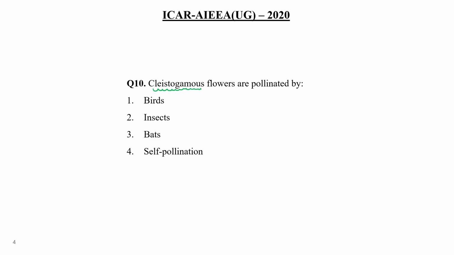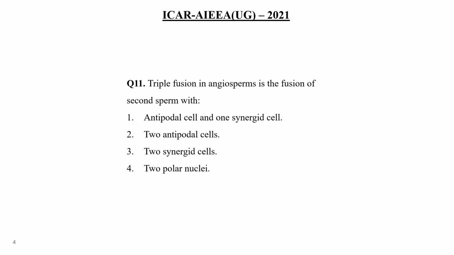They have not exposed their anther to the air, so they don't need any biological agent. They prefer self pollination because there is no possibility for cross pollination. Okay, so cleistogamous flowers are pollinated by self pollination. The other three choices have given different types of biotic pollinators.